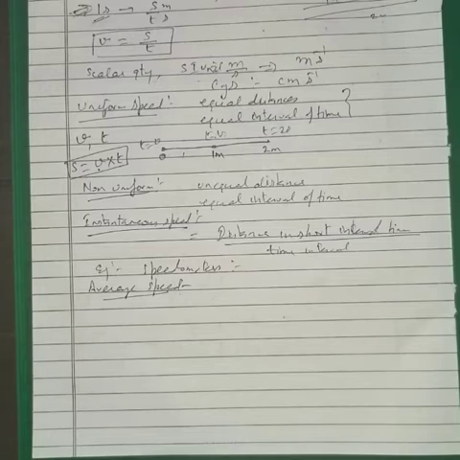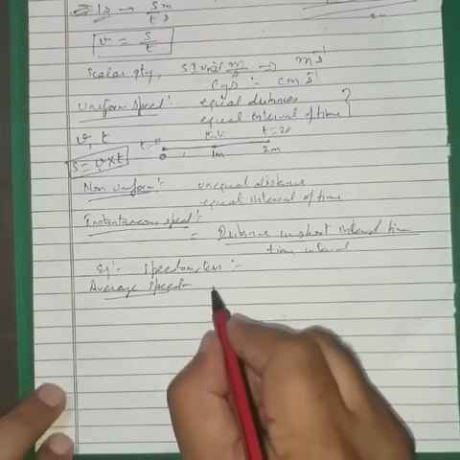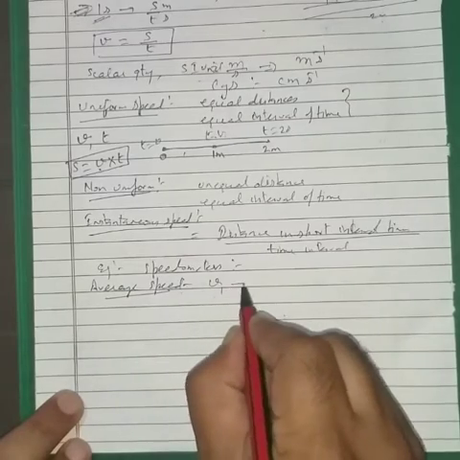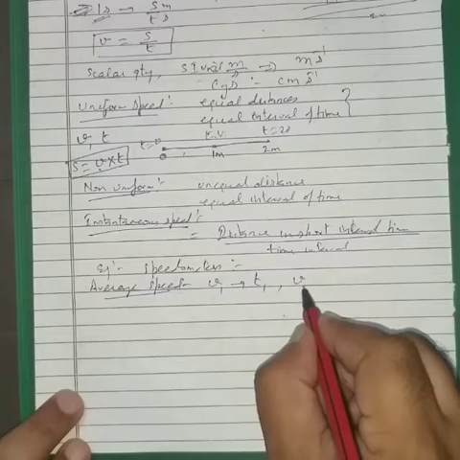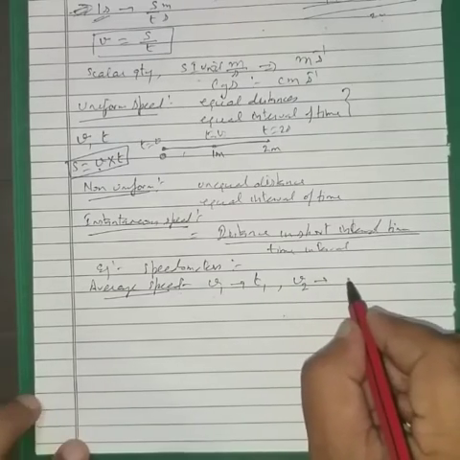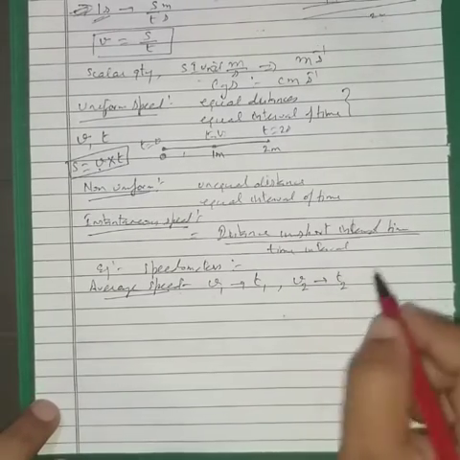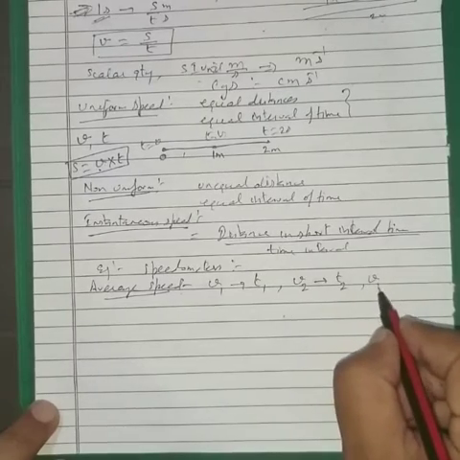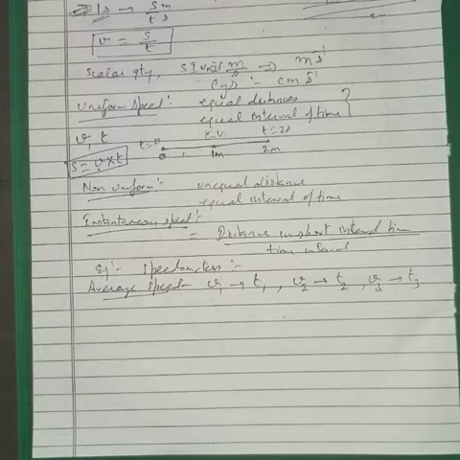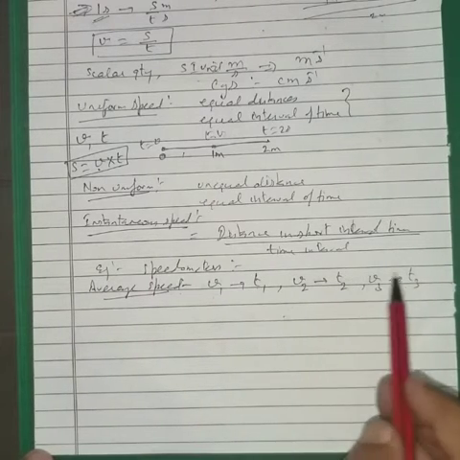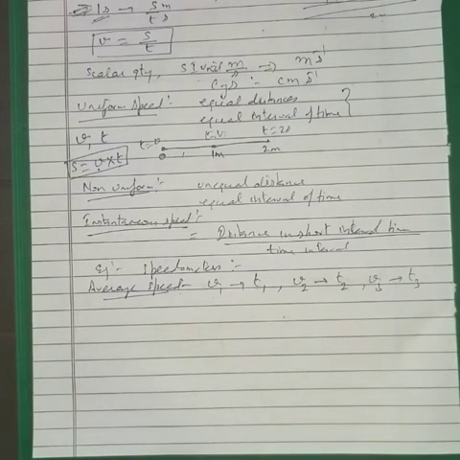Average speed means, let us say that some body is moving with speed v1 for time interval t1, and then it moves with speed v2 for time interval t2, and then with speed v3 for another time t3. Then for the total time t1 plus t2 plus t3, we will talk about the average speed.